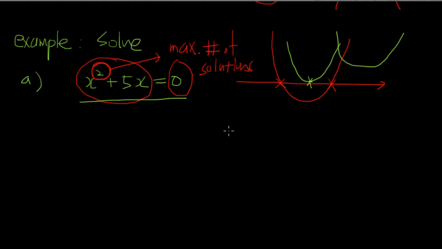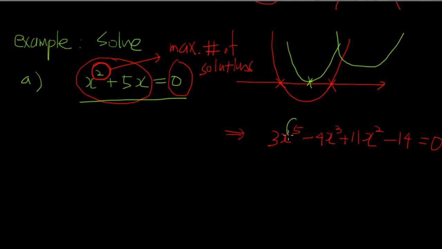So, on a side note, let's say we have 3x to the fifth minus 4x to the cube plus 11x squared minus 14 equals 0. I just made it up, right? So, this is not a quadratic equation, of course. What's the highest degree of this equation?